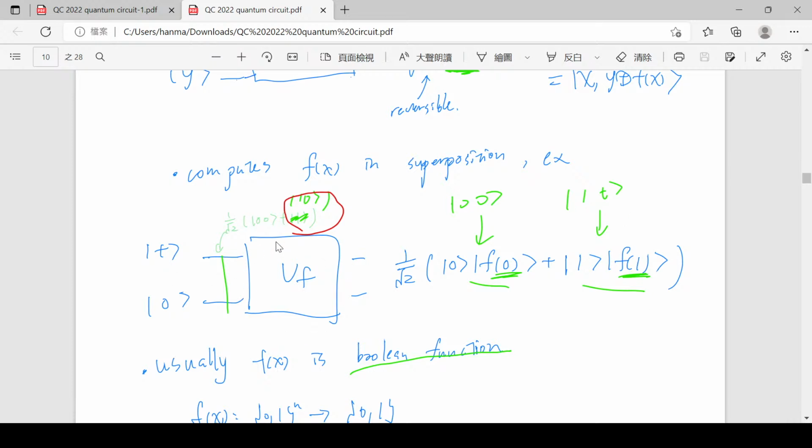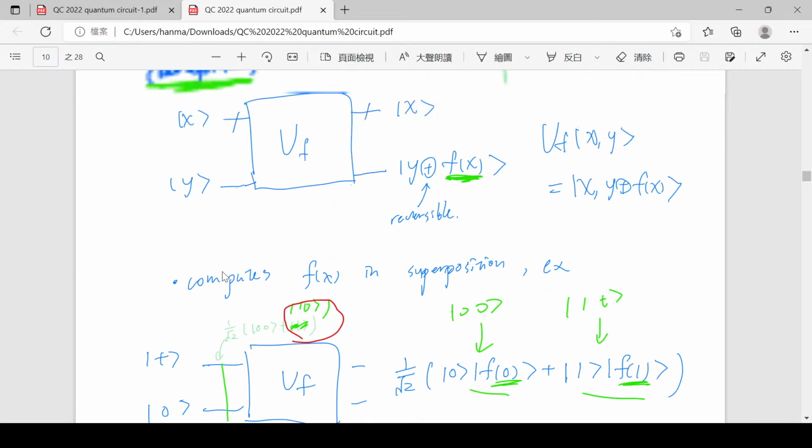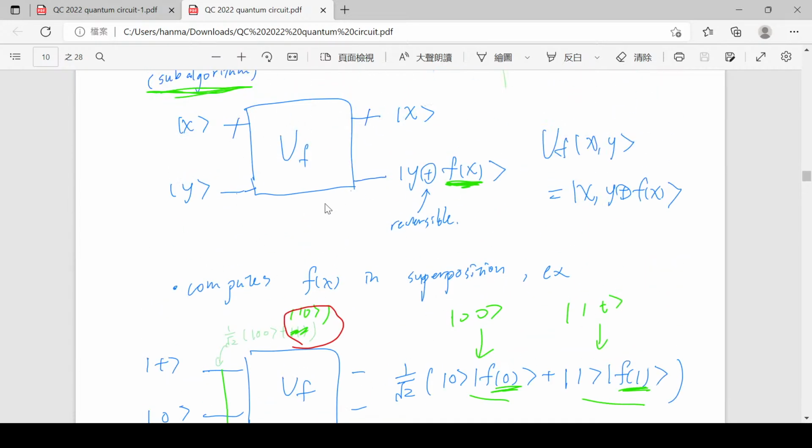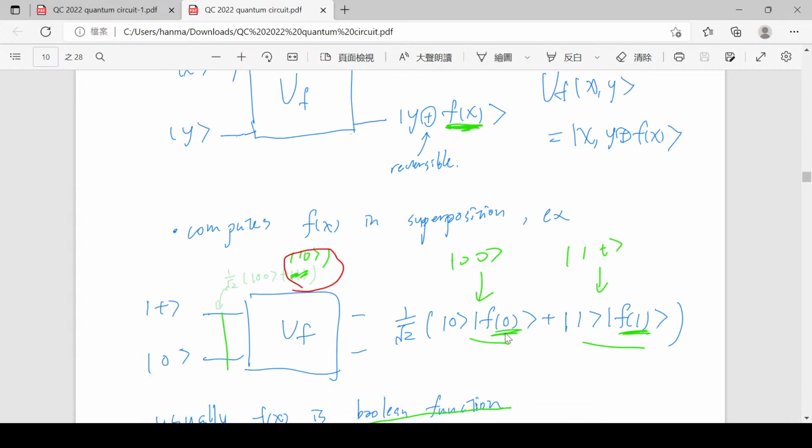And here we have an easy example. We have the plus state up here as input, and let's say we put a 0 in the output register at the beginning. Then you apply this U_f, and it should compute both the 0 part and the 1 part of f of x in superposition.